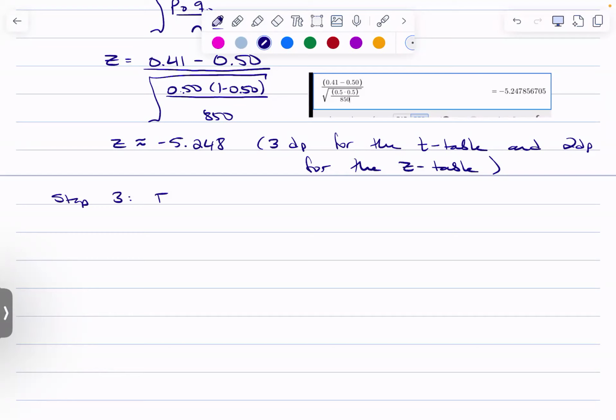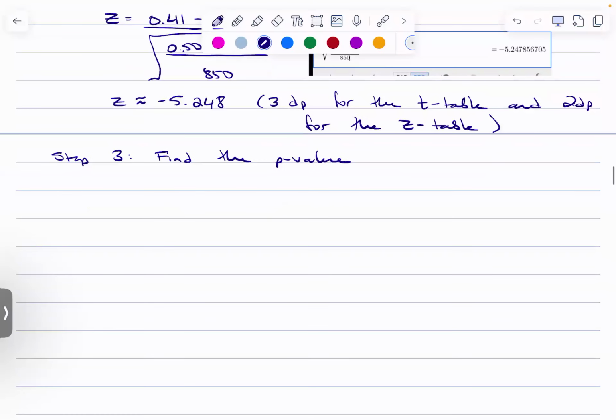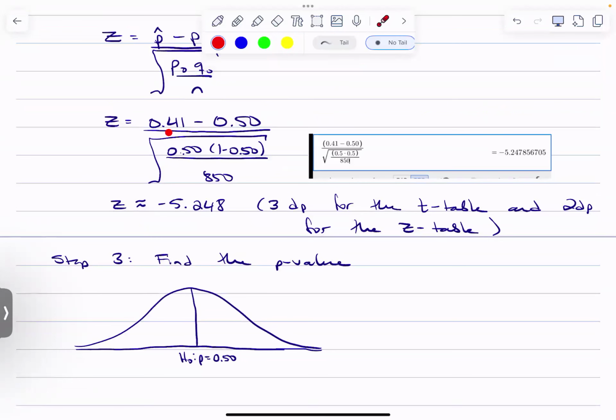So step 3 is find the p-value. Remembering that the p-value is, if p was in fact 0.5, the p-value tells us the probability of just randomly collecting a sample and finding a sample proportion of 0.41.